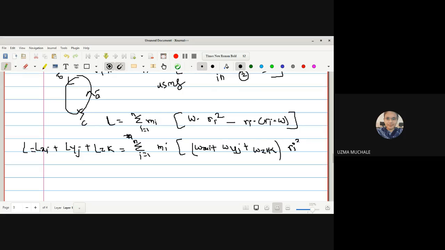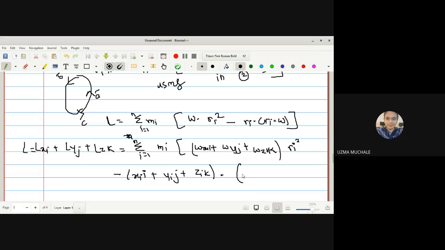This ri square as it is, minus, now what is ri? Because ri square we know is x square plus y square plus z square, I can write this as xi i plus yi j plus zi k. About this one I am writing. The next is the dot product ri dot w. For that I will write directly the product of these two.